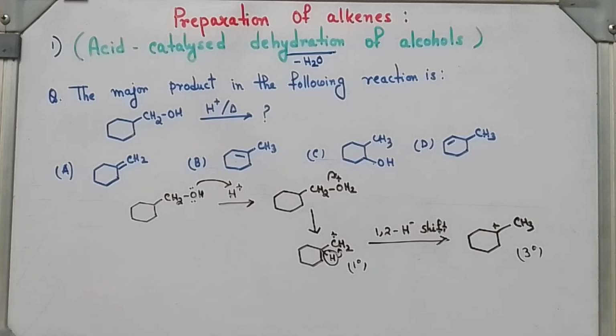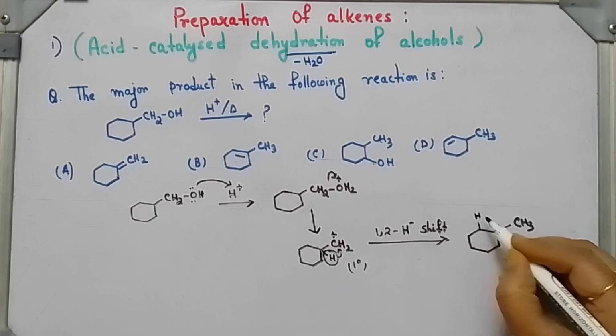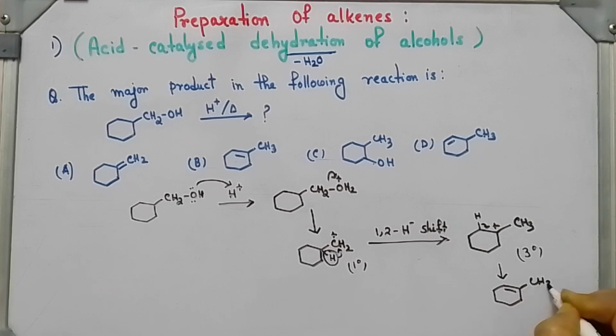Now we have to find out the major product. Major product means we have to find the most substituted alkene. So from here if hydrogen goes, we will get this alkene. And if hydrogen goes from here, we can get this alkene.